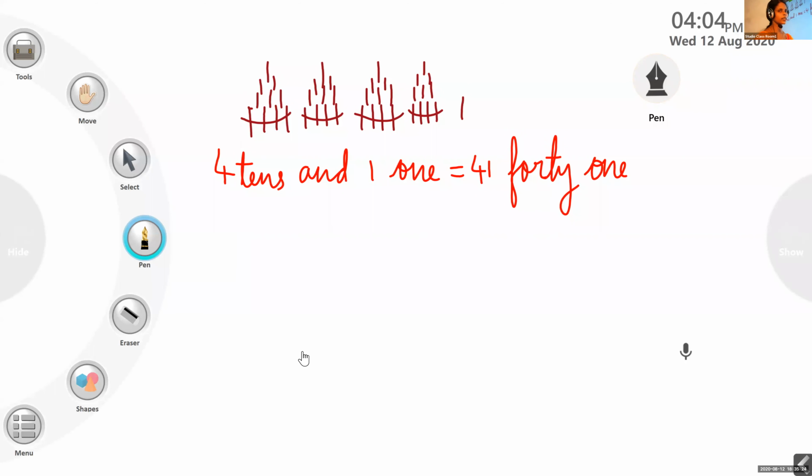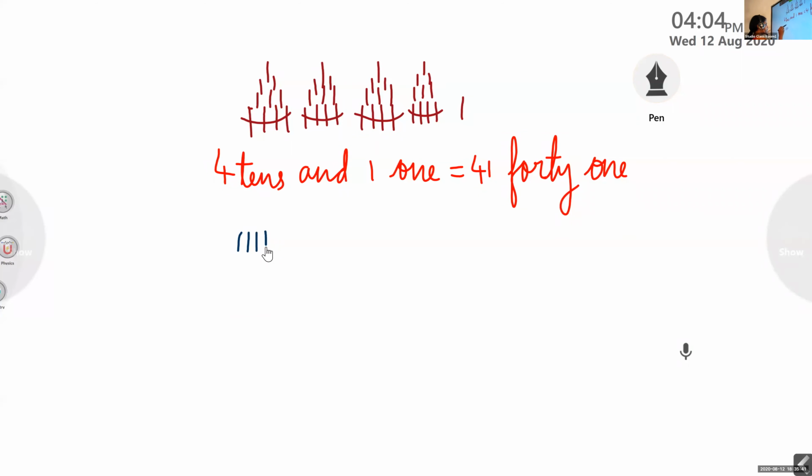So we have the next number. What's the next number? 42. How many tens and how many ones? 4 tens and 2 ones.